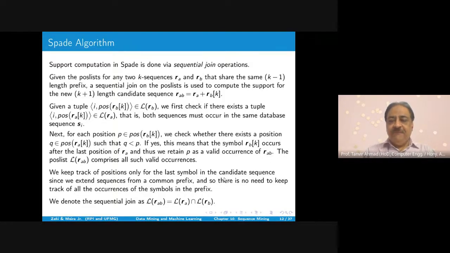Because if I am developing AAA, I am developing it from AA. Therefore, obviously, double A is already there. I only want to maintain where the third A is. Because I am developing with a common prefix of double A, I only have to find the last position of that particular symbol.